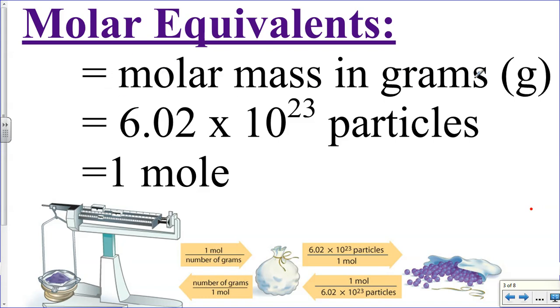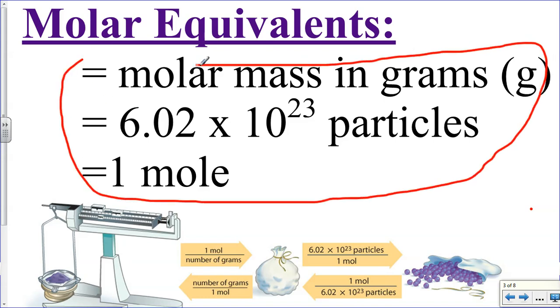So, the molar mass that you determine for a particular compound or substance has 6.02 times 10 to the 23rd particles in it, like molecules, atoms, ions, whatever it is that you're dealing with. That is also equal to 1 mole. All of these are equivalents. They are equal to each other, and we are going to use those in our calculations.